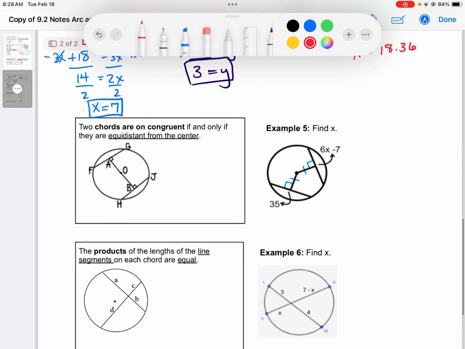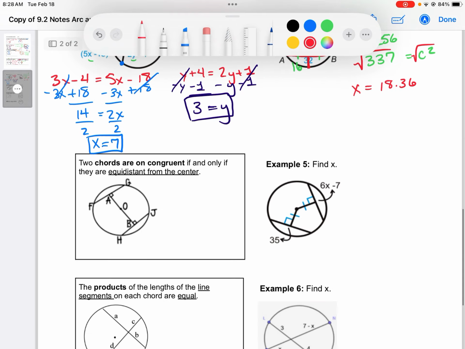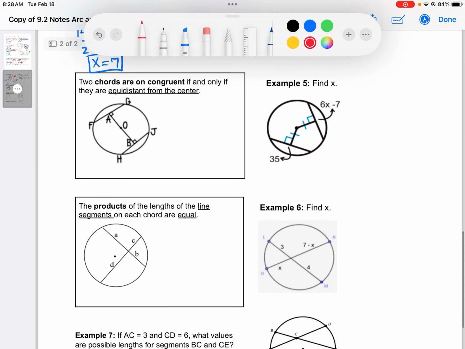All right, last couple bits of our notes. 2 chords are congruent if and only if they are equidistant from the center. So now we've got a new way of determining if chords are congruent, if we can prove that a line connecting them to the center of the circle makes them equidistant from the center.